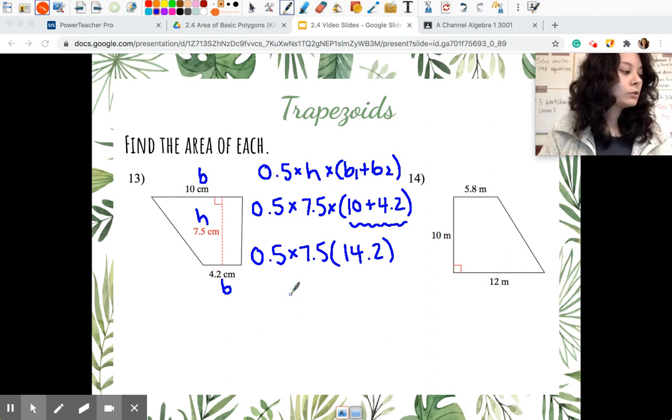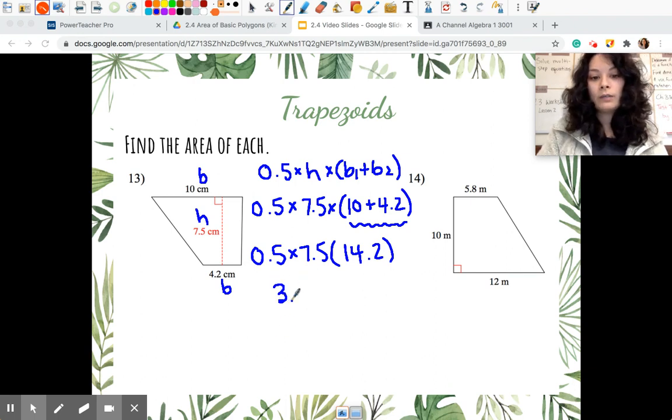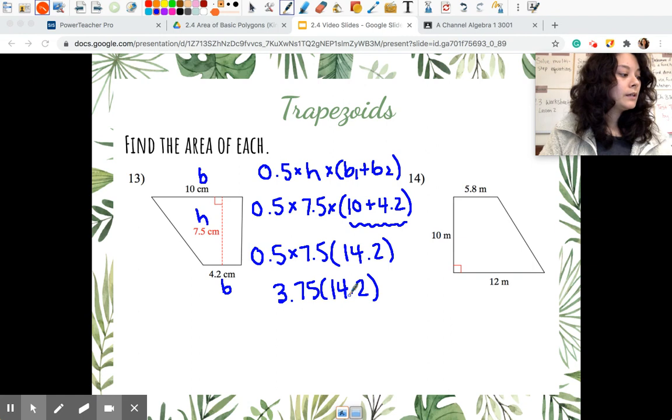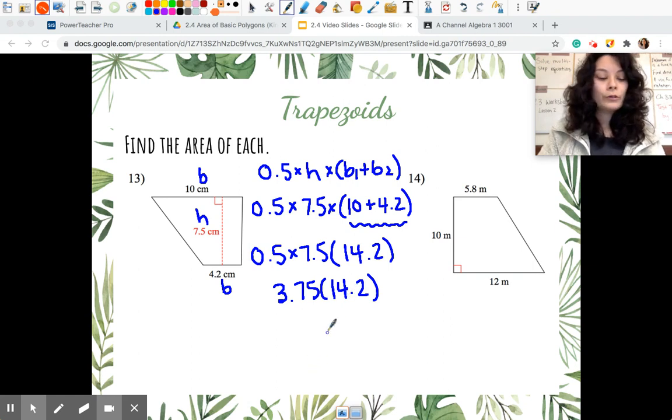So I'm just going to multiply left to right. So I'm going to do 1/2 times 7.5 first. That's going to give me 3.75. And the last thing I'm going to do is multiply with the 14.2, and I'm getting 53.25. And I just want to make sure to include my square units at the end.